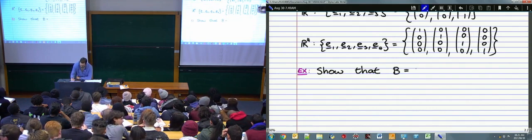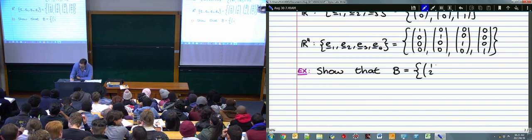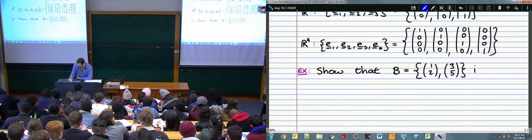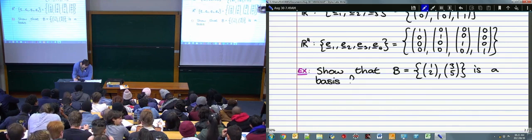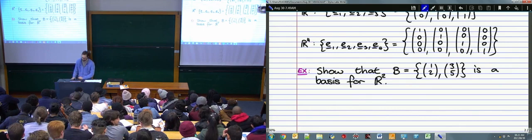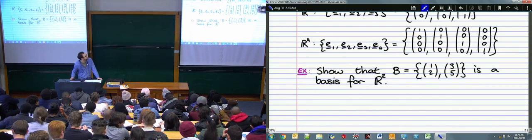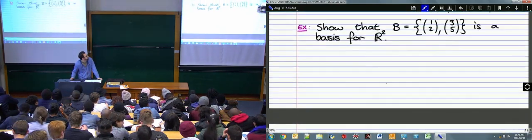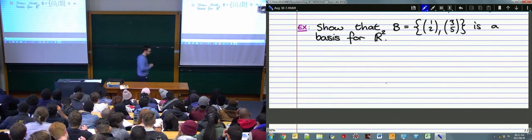Let's call it B for basis. Show that B, which is the set of 2 vectors (1,2) and (3,5), is a basis for R2.